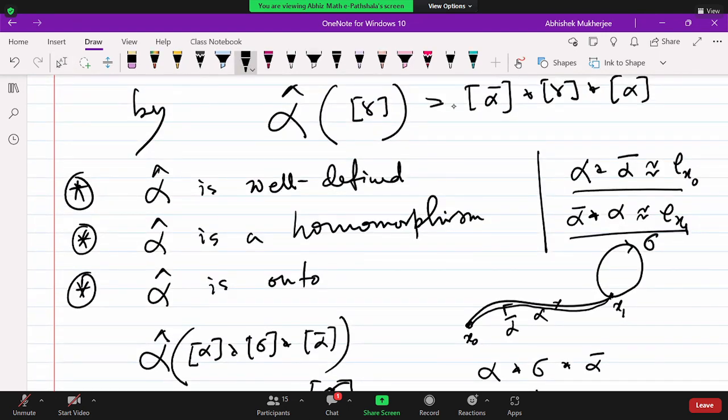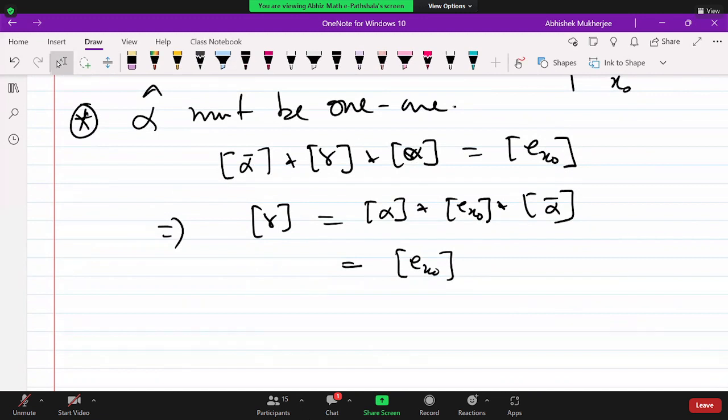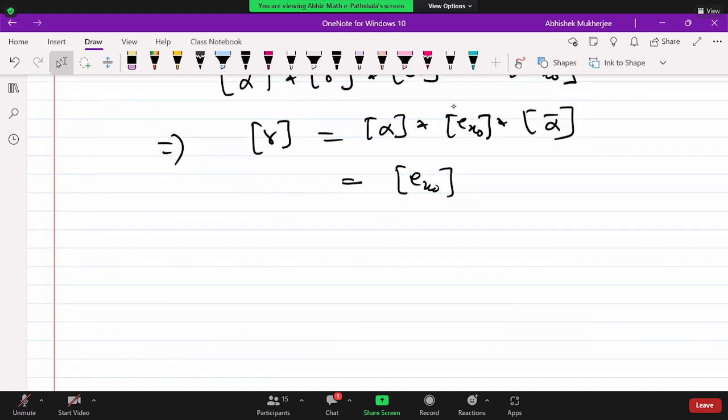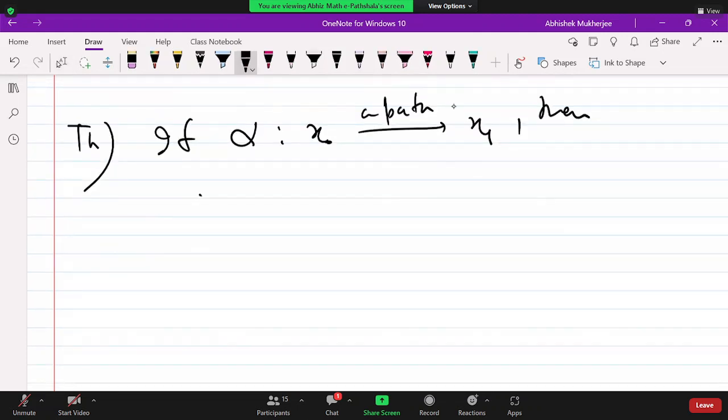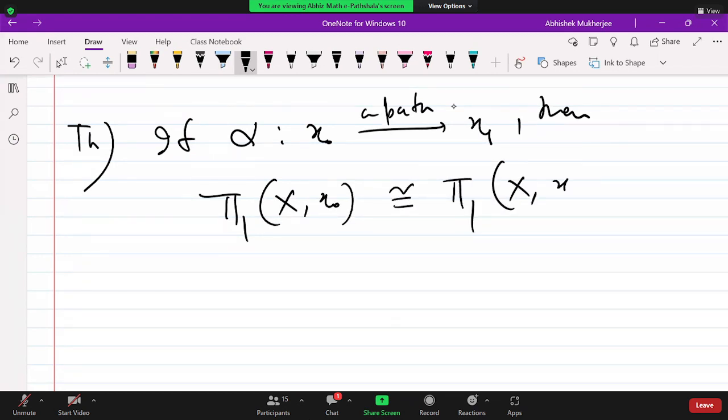Okay. So therefore, this function is 1-1, onto and a homomorphism. So therefore, if there is a path from x0 to x1, then interestingly, the groups are isomorphic. Okay.